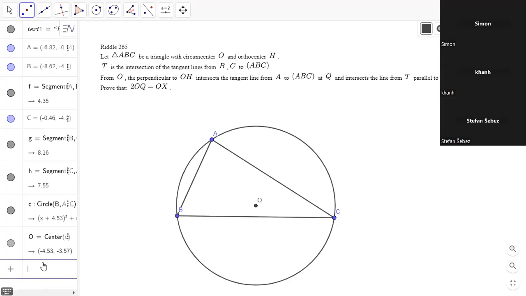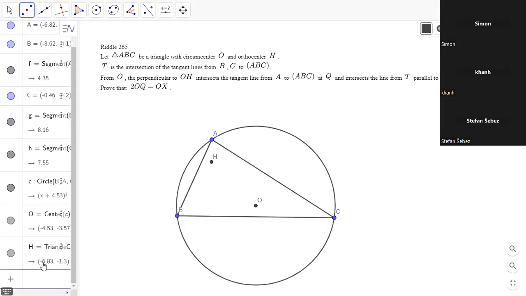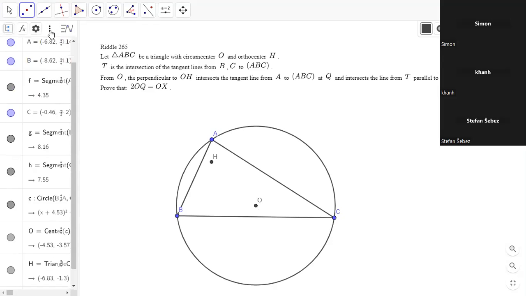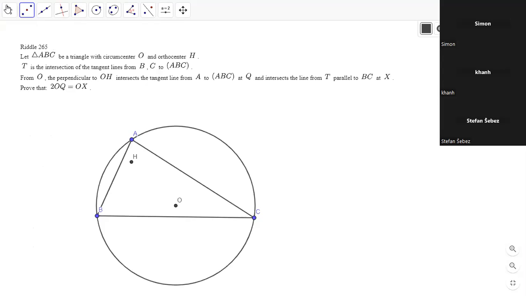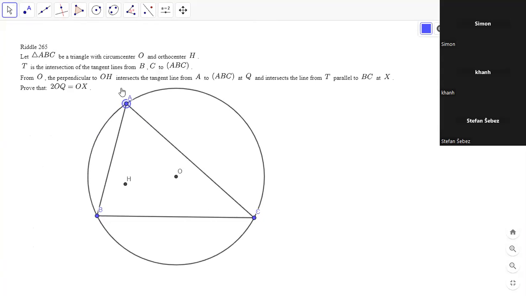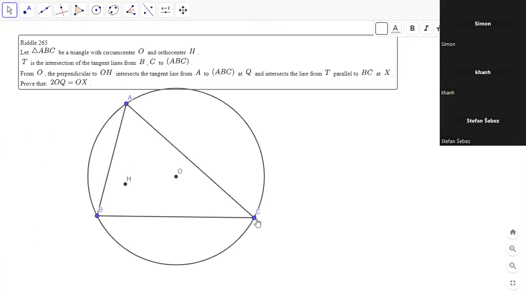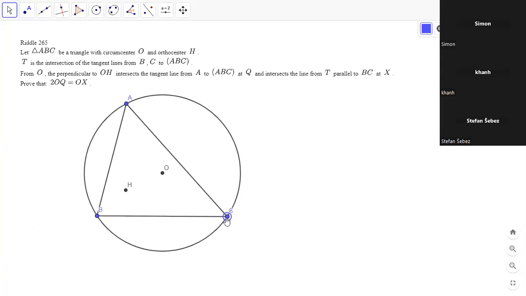I'll just type it in here, H. All right, let me close it. And let me draw the tangents at B and C. It would probably be better if I make it a taller triangle so we could see T easier.